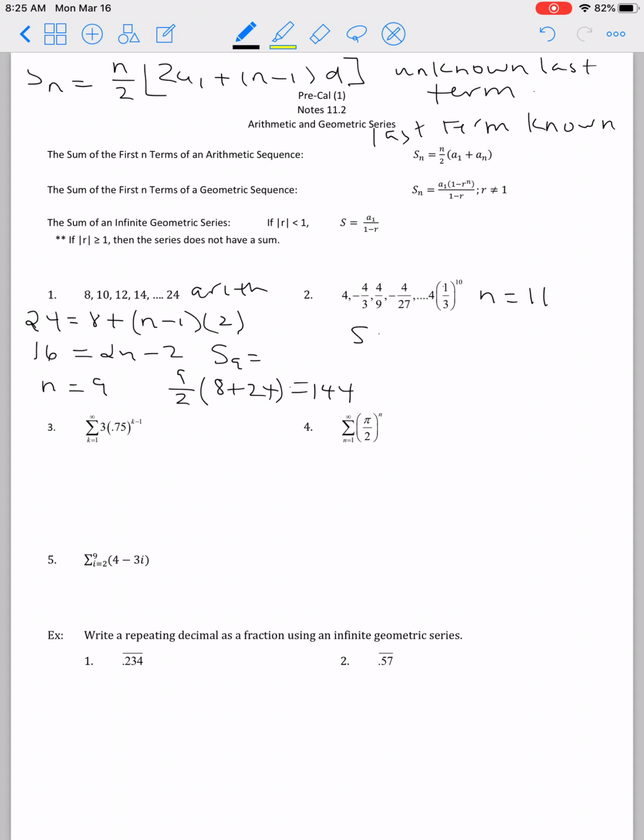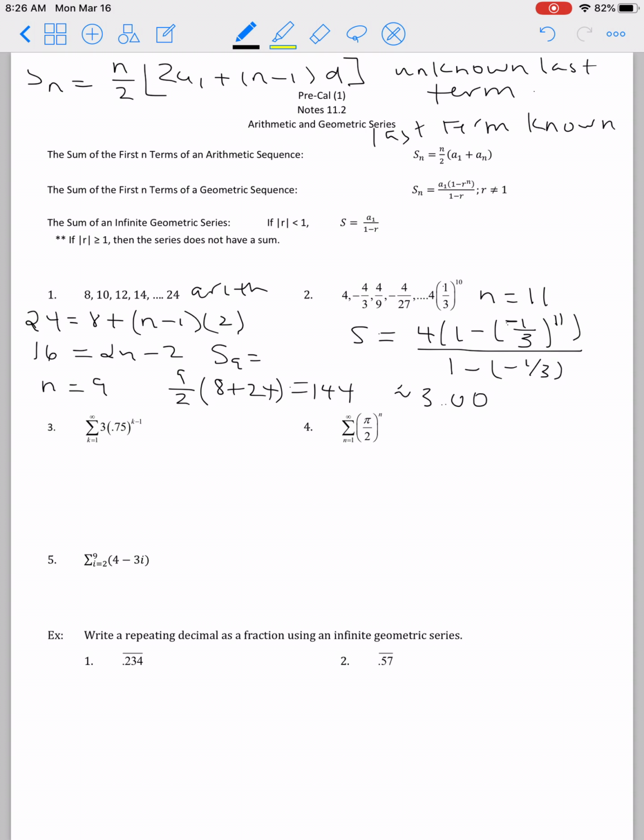And for the sum, we would take our first term, which is a 4, times 1 minus negative 1/3, there's a negative there, raised to the 11th, all over 1 minus negative 1/3, and you put that into your calculator, and the sum there is approximately 3.